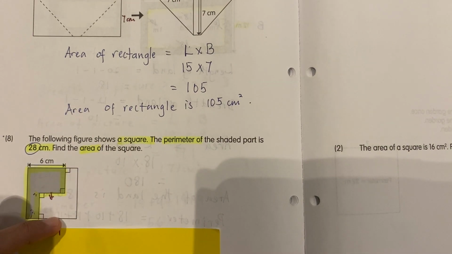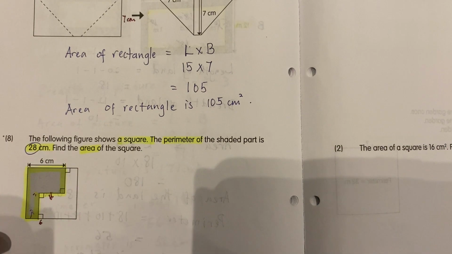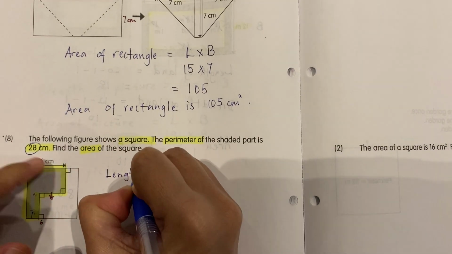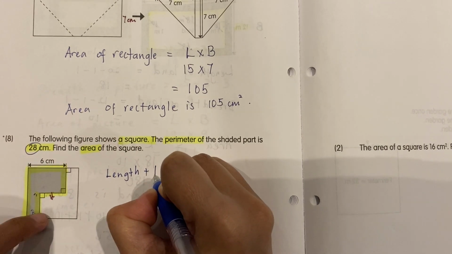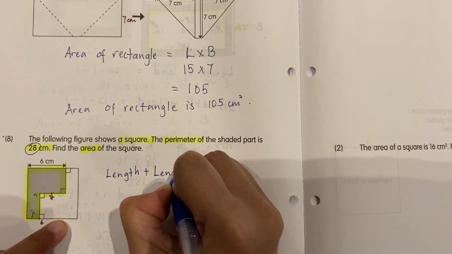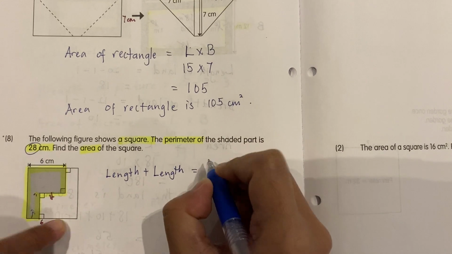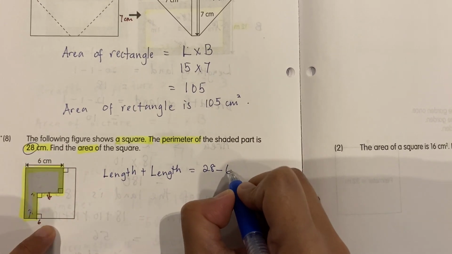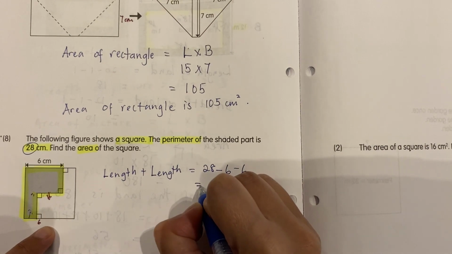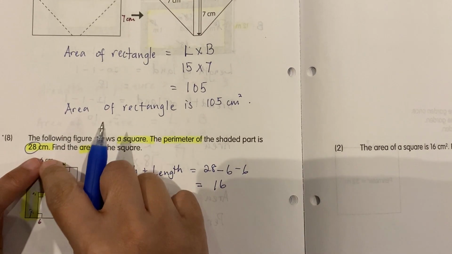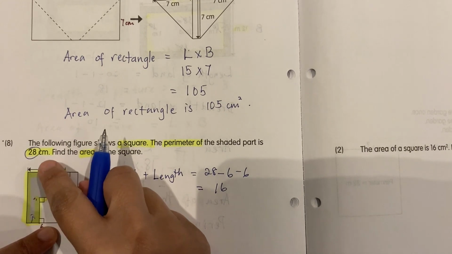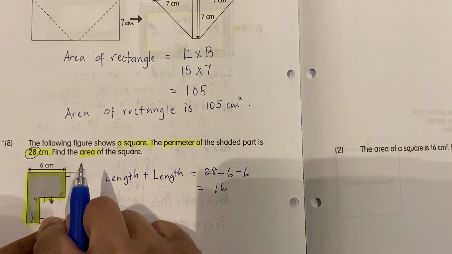So you know something already. You can have the length plus this length pushed down, so it's the perimeter minus 6, and minus 6 again. So when you push this down, you get 6 and 6, that's 12. So 28 minus 12 will give you 16.